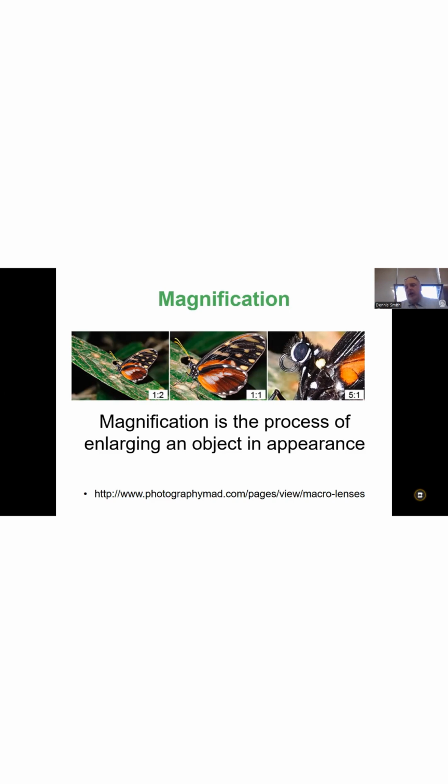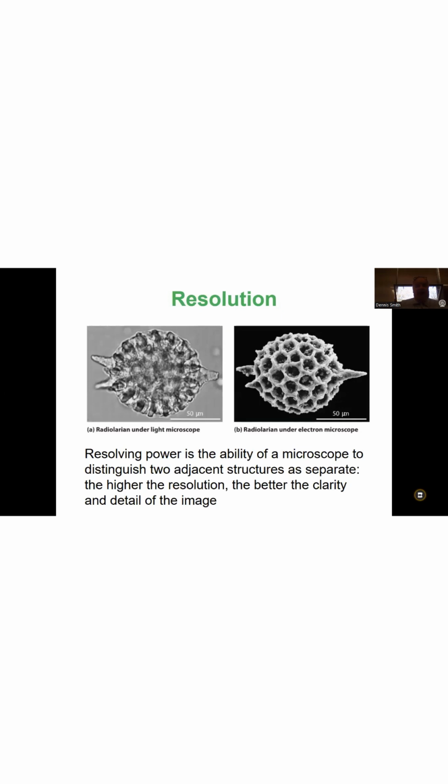This piece right here, you can see the structure of all of these pieces. Magnification is the process of enlarging an object in appearance. You've done this through the ages when you've done any kind of biology cell labs where you have to look at the cells themselves.